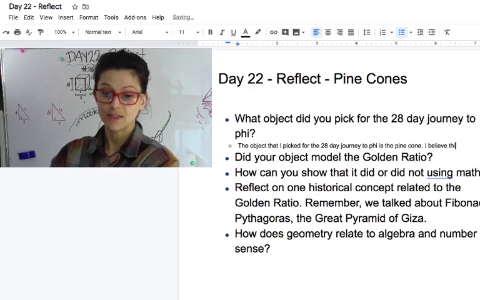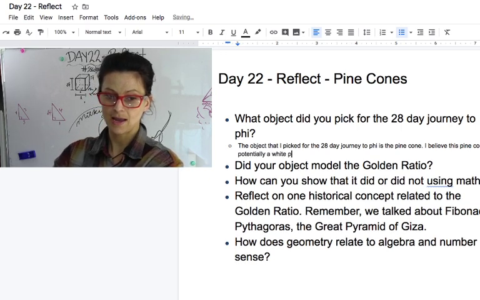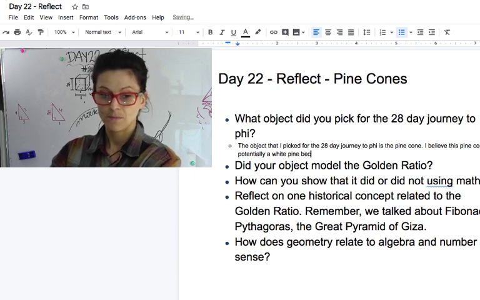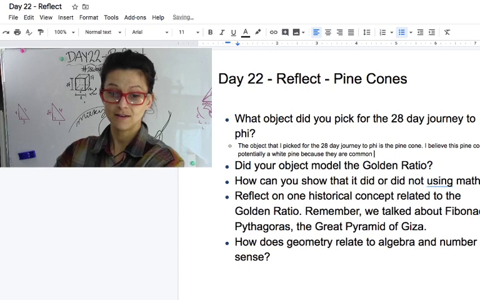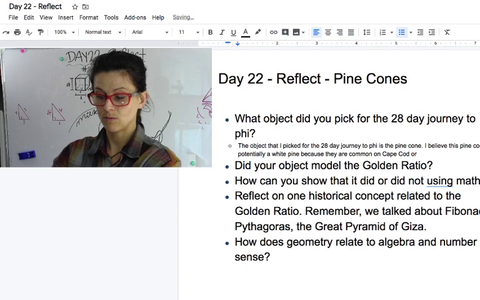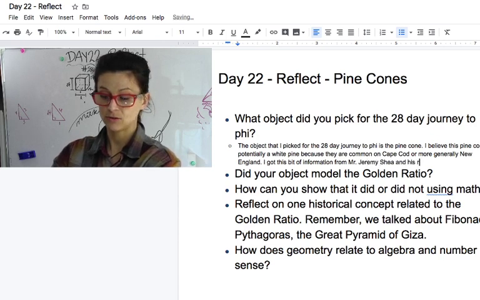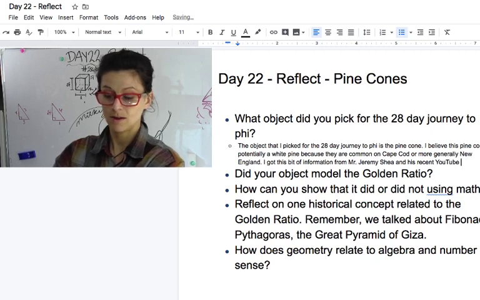I believe this pine cone is potentially a white pine because they are common on Cape Cod, or more generally, New England. I got this bit of information from Mr. Jeremy Shea and his recent YouTube podcasts.